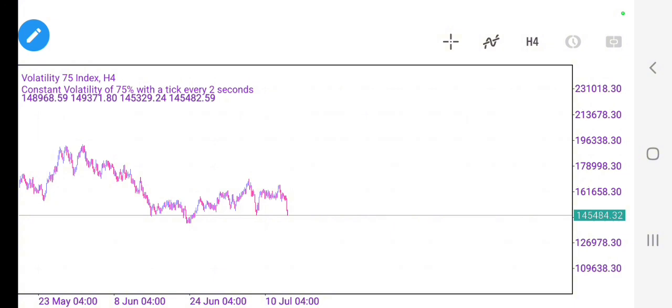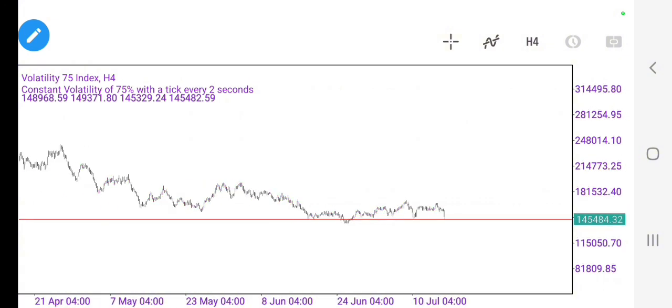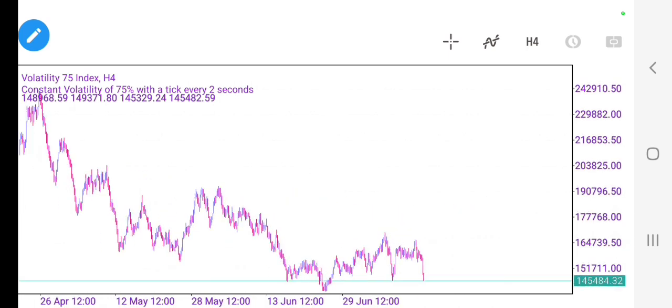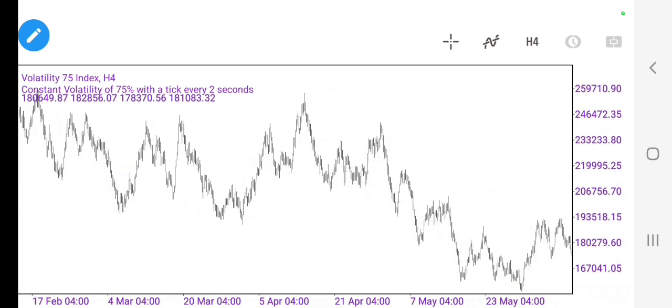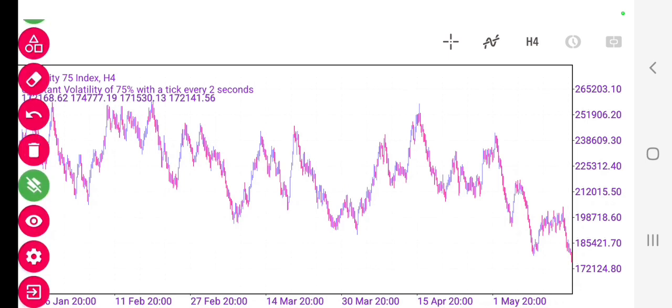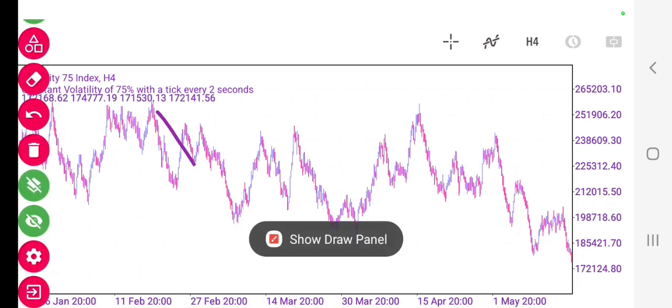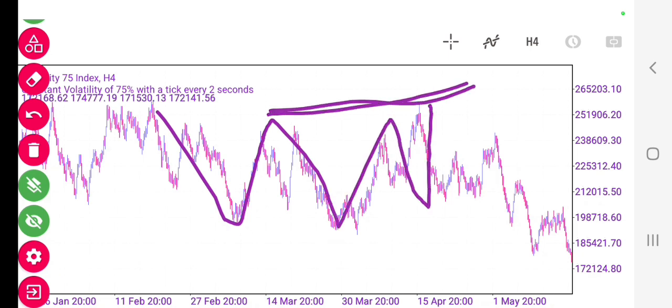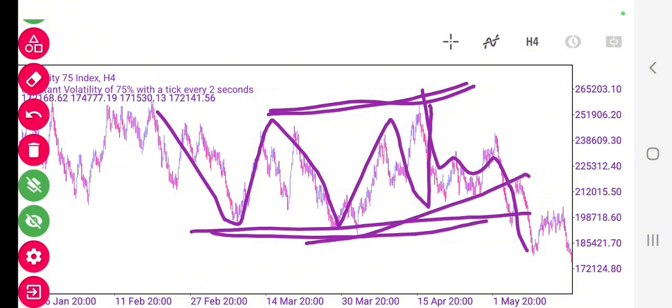So when you come on H4 as well, now you can see we are on H4 when we are looking at the overall direction. When we scroll back a little bit, we can see that the market has been making lows and highs. We can see here the market made the equal highs, and then finally we go down, and then we break this overall zone.